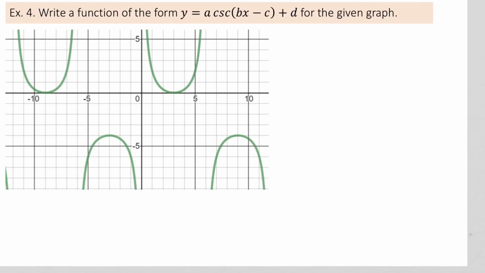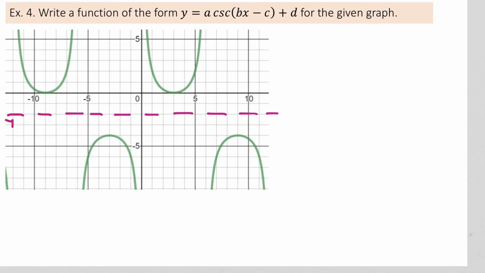So in this problem here, I've got a graph, and I want to write the function that gives me the graph. So the first thing that you want to do is draw the midline. If you examine the graph, you can see that the midline would be right here. And that's going to give you my D. So my D is going to be -2.